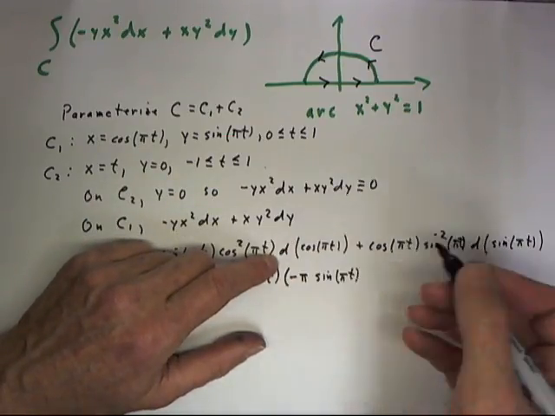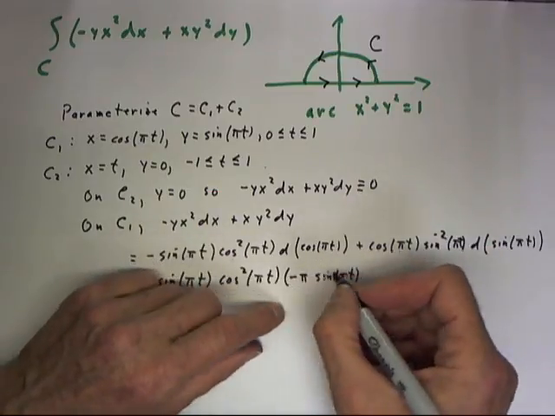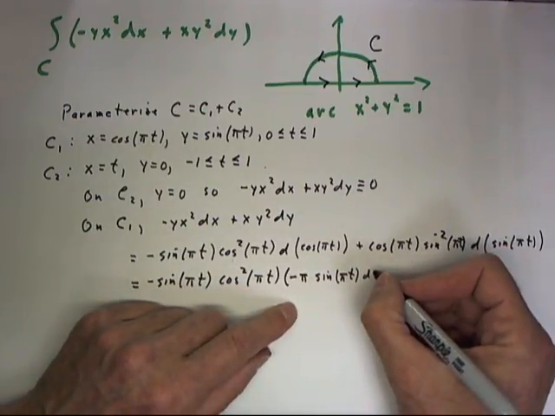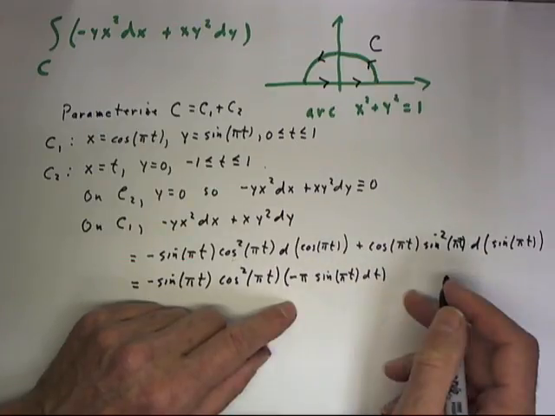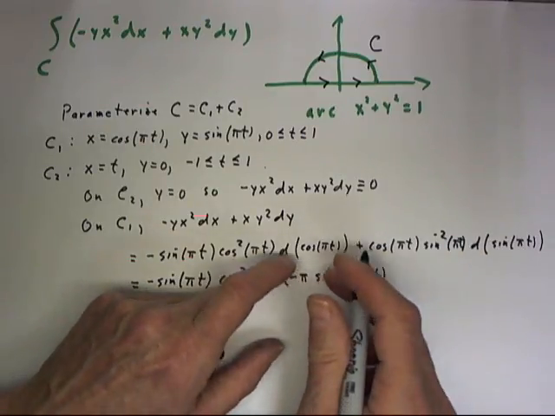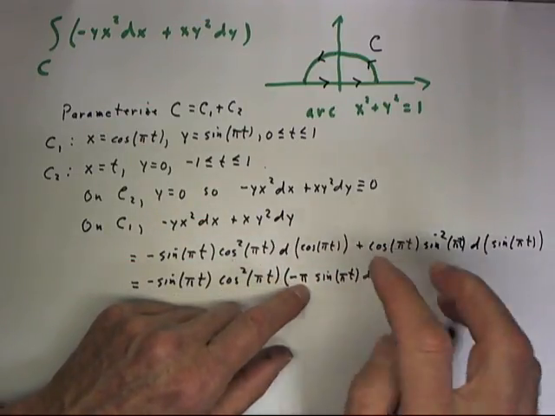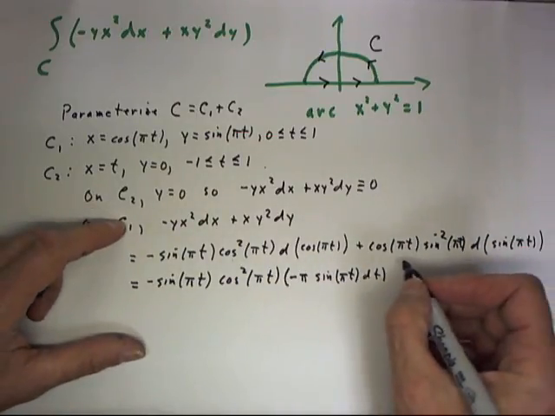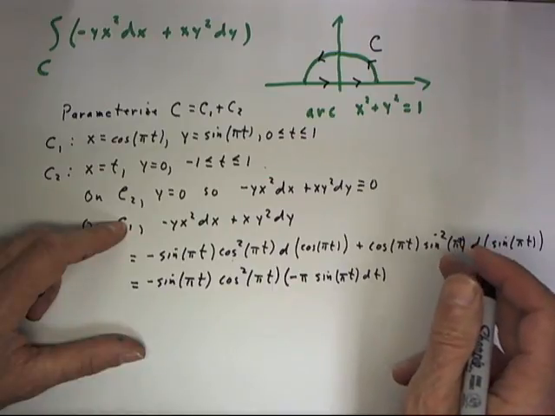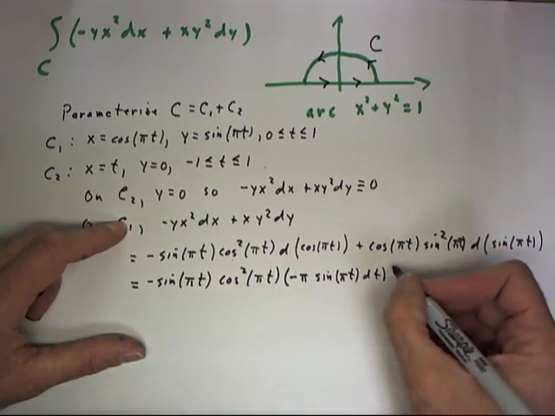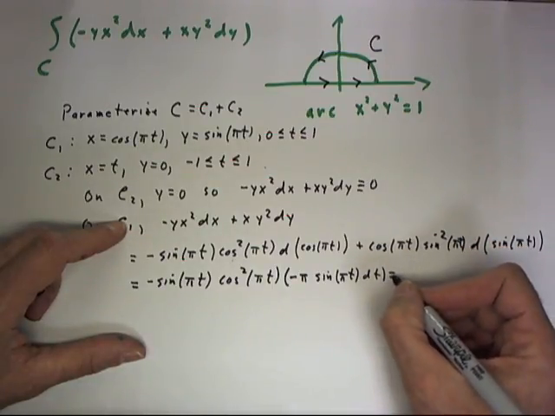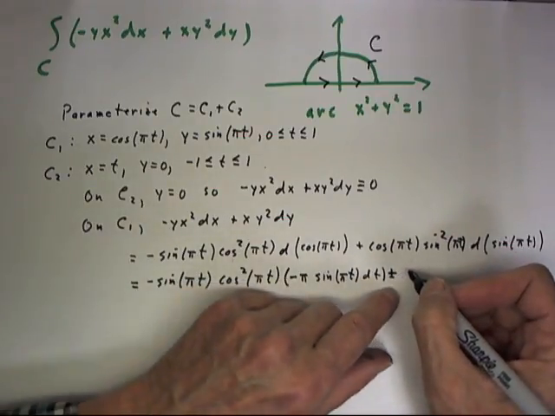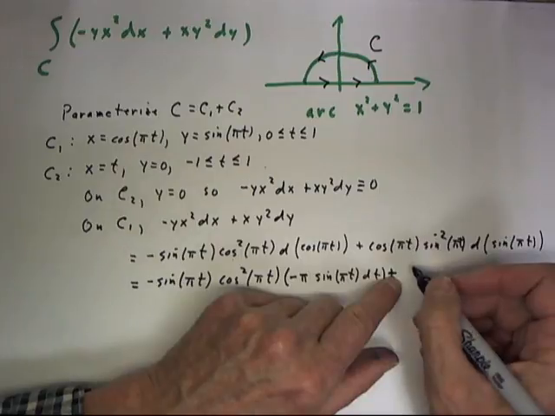The differential we get by multiplying by dt, so the differential is going to be the derivative with respect to t times the dt. And then the cosine of pi t times the sine squared of pi t, et cetera. Write this, and that's plus, not equal. I have to fix that in a minute, so I'll kind of put my finger over that.